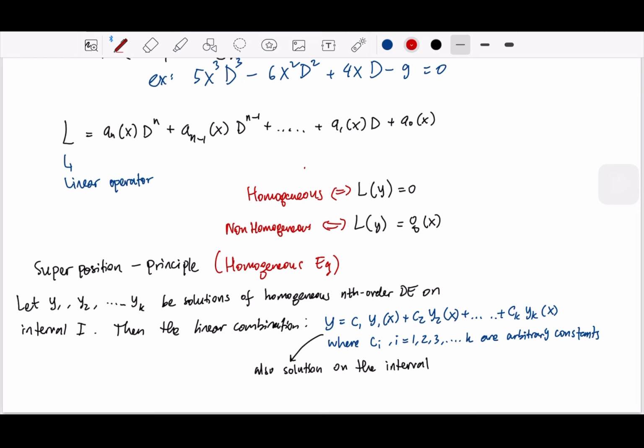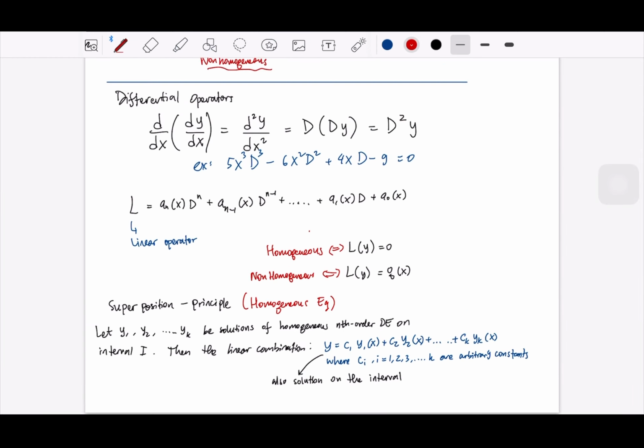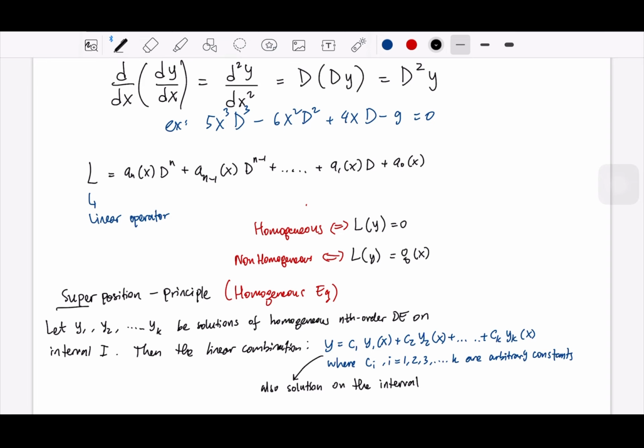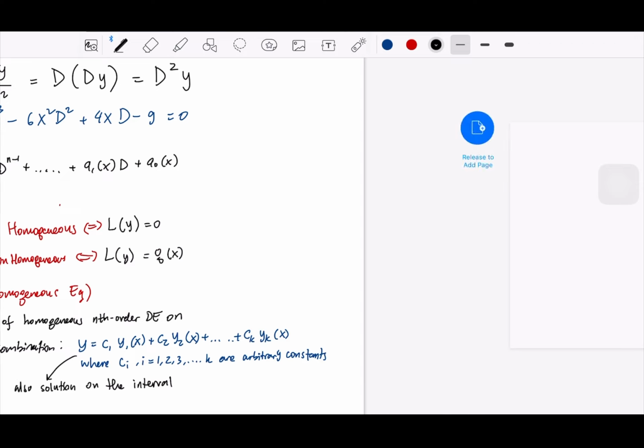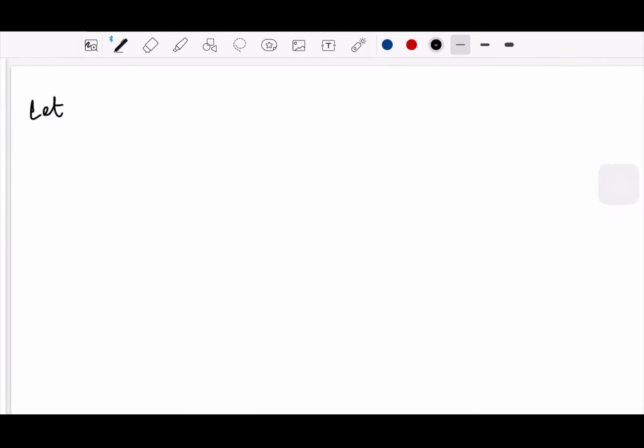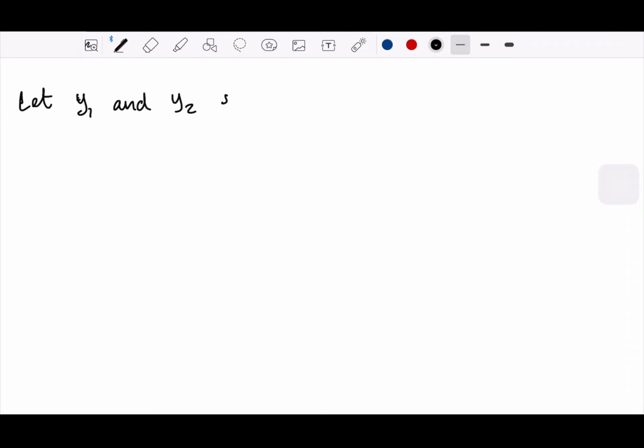Okay, now I would like to write some ideas on how these superpositions can be true. How does it happen? Let me write on a new page. So let y1 and y2 solve the differential equation.